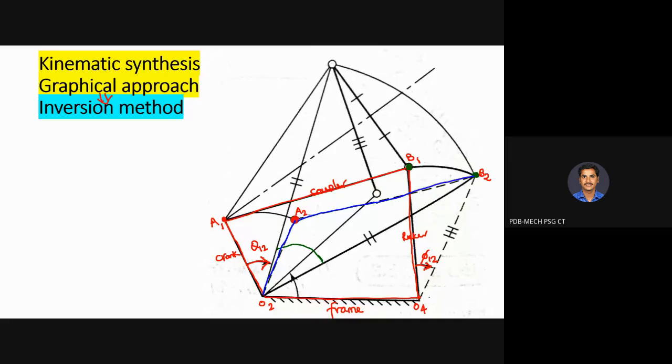And your rocker is going to be here. Are you able to understand the initial position of the 4-bar mechanism? When the crank is rotated from position 1 to position 2 through some angle, this is the final orientation of your 4-bar mechanism. The red color line and the blue color line, please try to interpret these two. Any doubts?